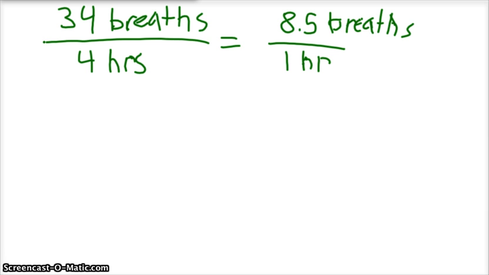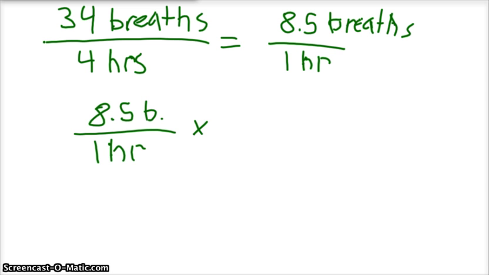So pay attention to how it's on your page. I'm going to try my best to set it up like it looks on the page. We're going to set it up as 8.5 breaths, just like our fraction, so I'm going to put BR over 1 hour. And we're doing multiplication, so we have times 7 hours, and think of this as 7 over 1.